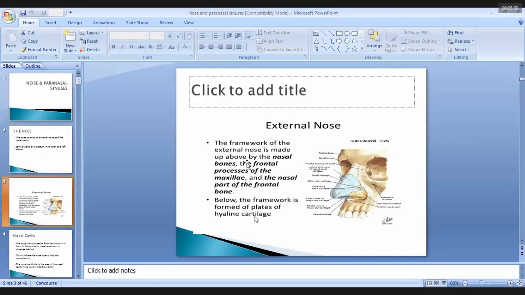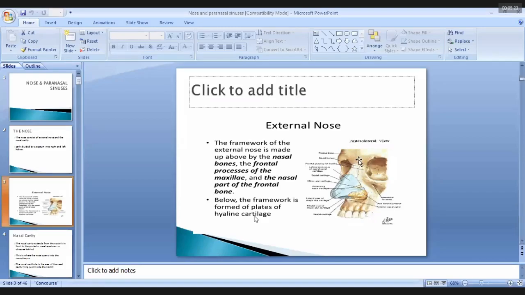So the first structure, that is the external nose, is composed of, from above, the framework of the external nose consists of three bones. Mainly, it is formed by the nasal bones. Then there are the frontal processes of the maxilla, and there is also a contribution from the nasal processes of the frontal bone.